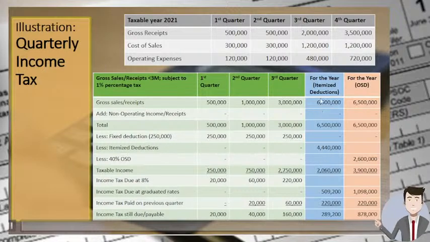Okay? So, again, our taxpayer has two options in terms of deduction. Pwede siya kapili sang duha ka types ng deduction, either itemized or OSD. Depende siya kung ano ang gusto niya. Since diri pa lang siya nakapili, sa fourth quarter siya mapili.